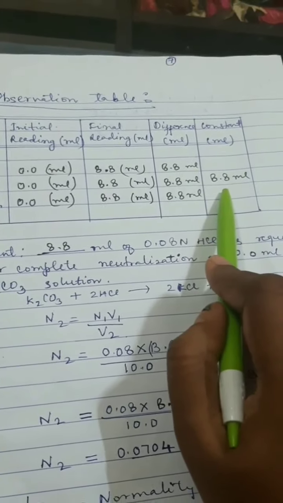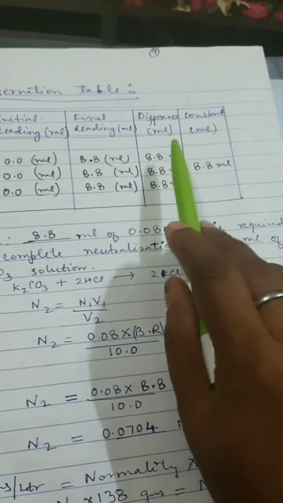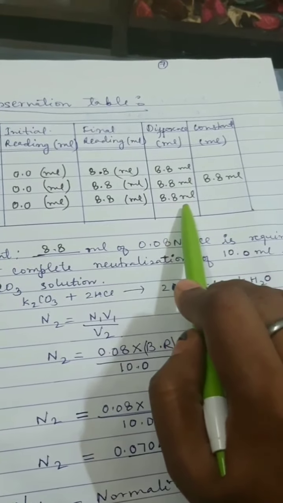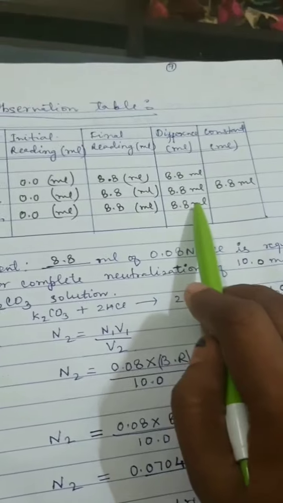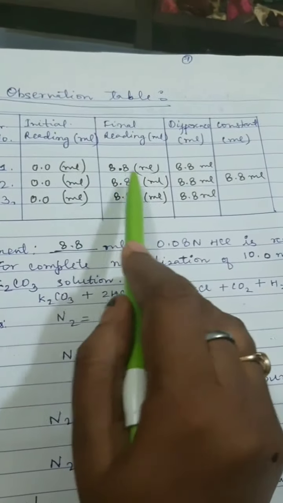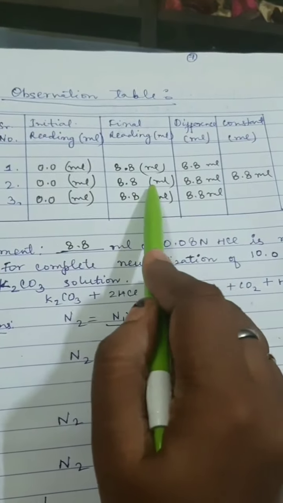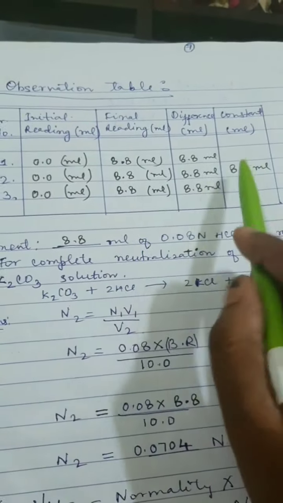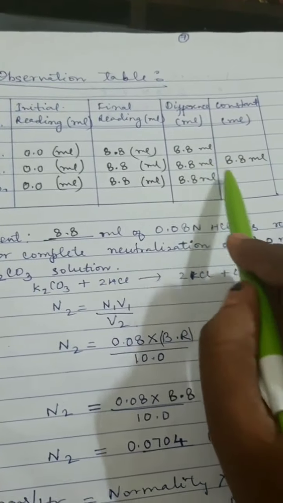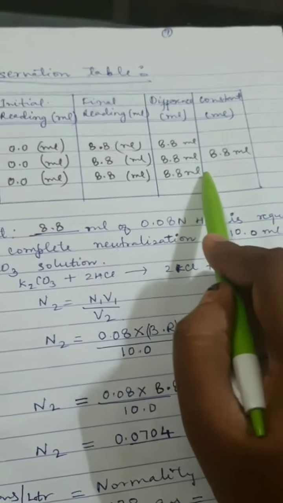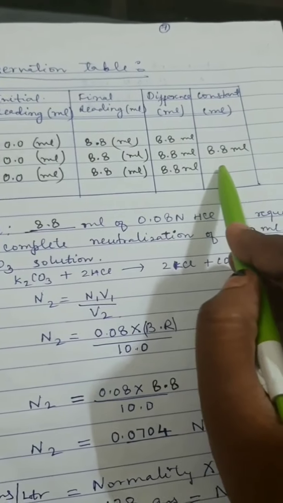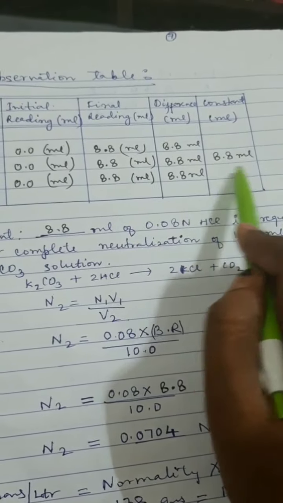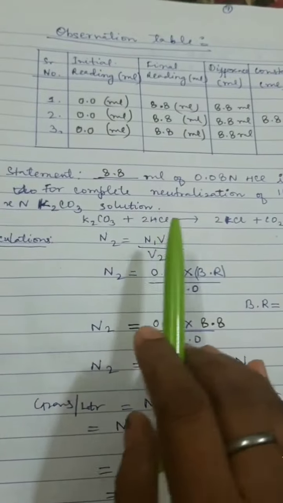Now what is constant? Constant means, suppose we got all 3 readings the same here, but suppose if you are doing this practical, in the first you got 8.8 ml, the second time you got 8.9 ml, and in the third you got 8.8 ml. So constant means the 2 readings which are exactly the same, and we will keep that as the constant. So here the constant is 8.8 ml. Now you can see the statement.